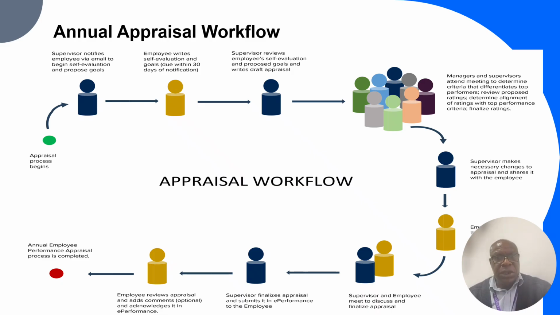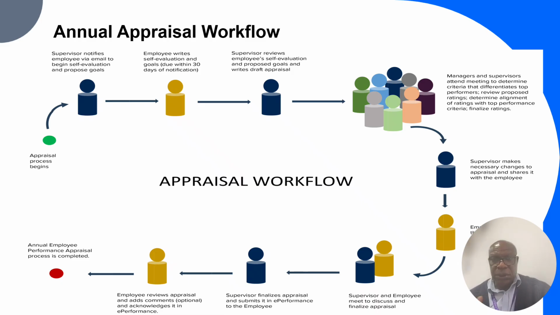Then the employee writes self-evaluation and their goals, and then it goes into supervisor review of employee evaluation. Then managers and supervisors attend meetings to determine the criteria to differentiate top performance in the review, and then the supervisors will make necessary changes and adjustments in the appraisal and share it with the employee.